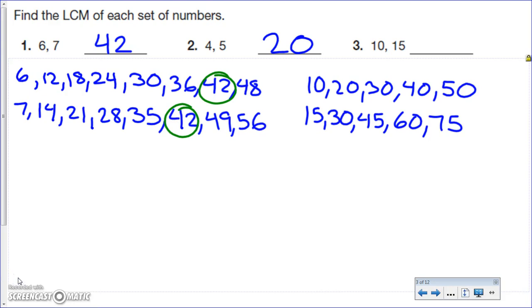Next, we're going to circle any numbers that show up on both lists. So the first number that shows up on both lists is 30. And because that is the first number that is common between both lists, that is our least common multiple.